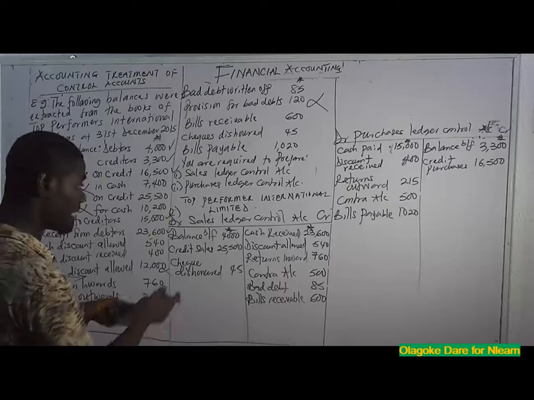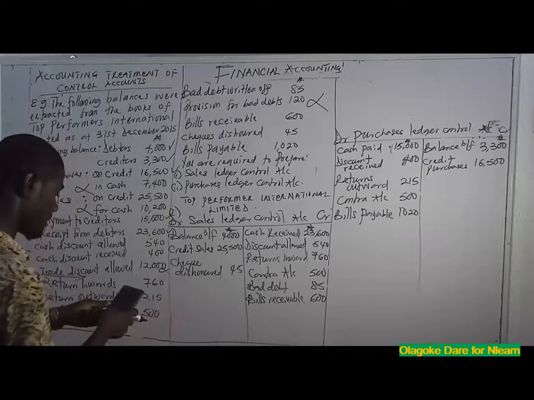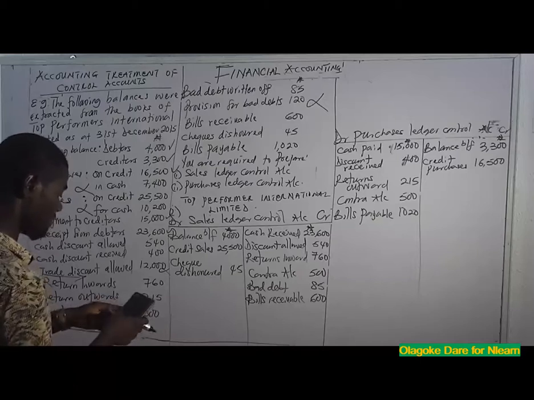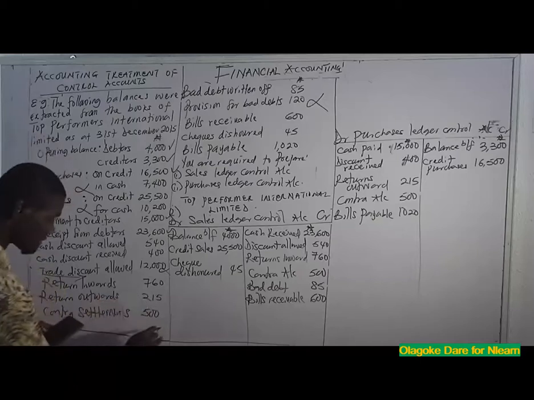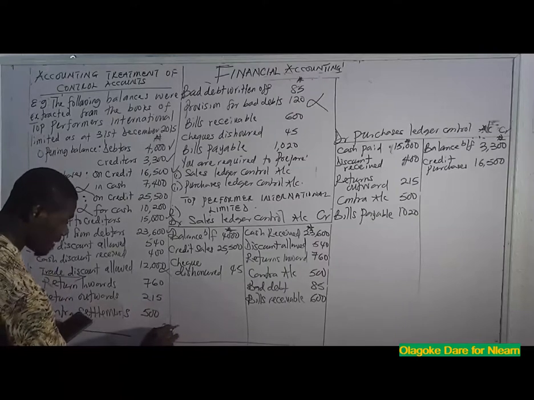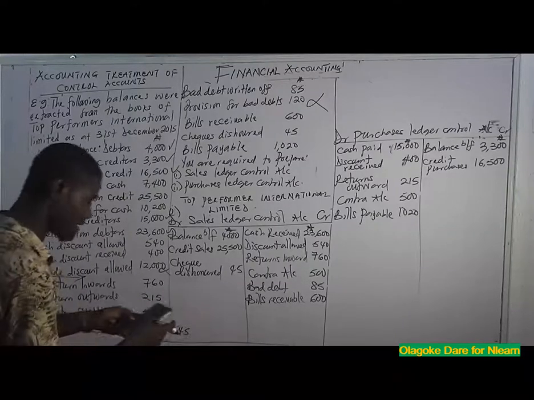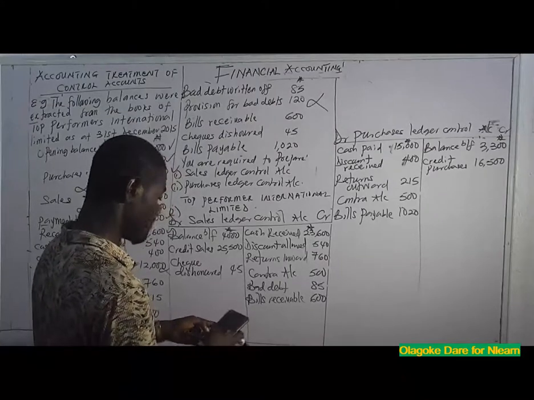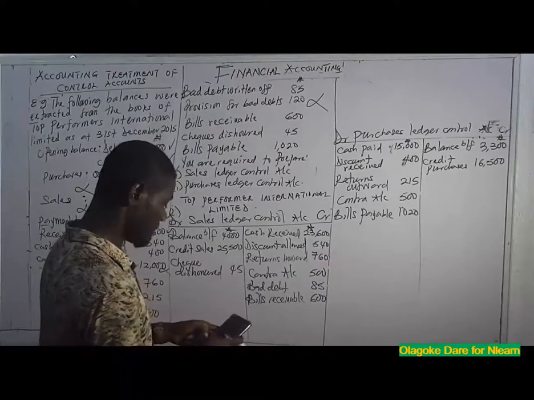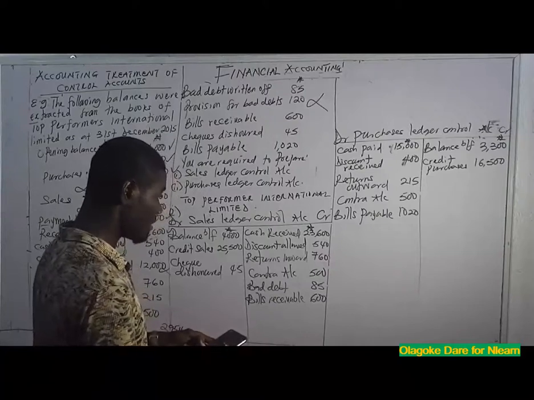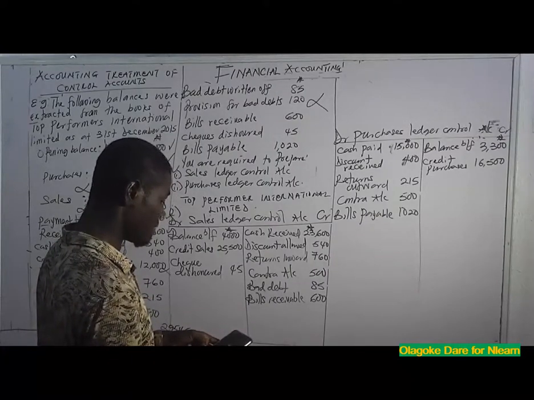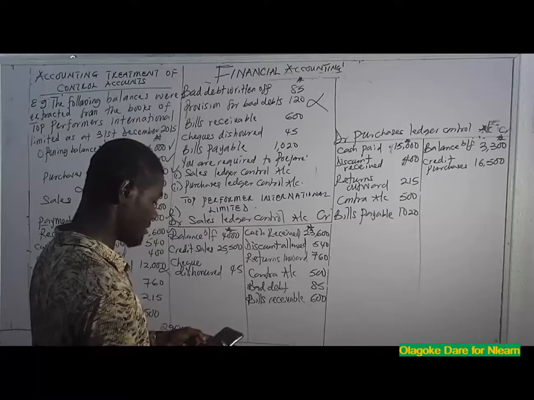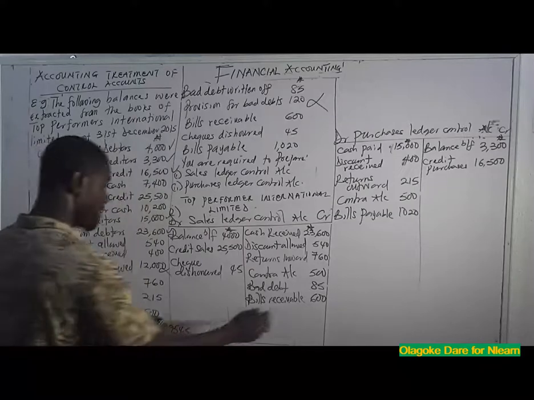So for the debit side, we have 4,000 plus 25,500 plus 45. We have something like 29,545. Let's look at the credit side. We have 23,600 plus 540 plus 760 plus 500 plus 85 plus 600. So here we have a lower value.